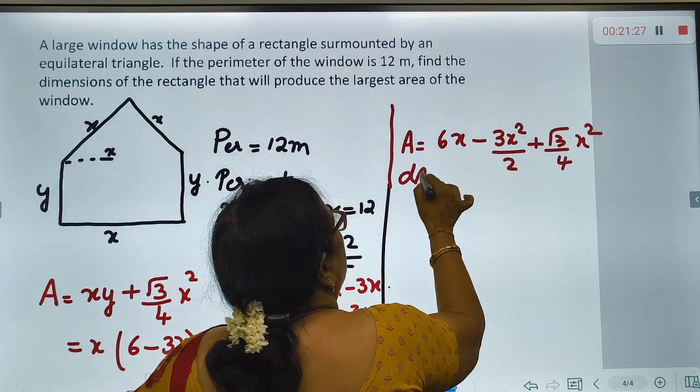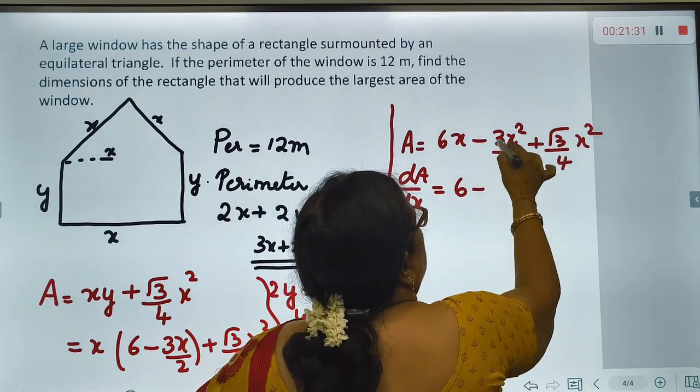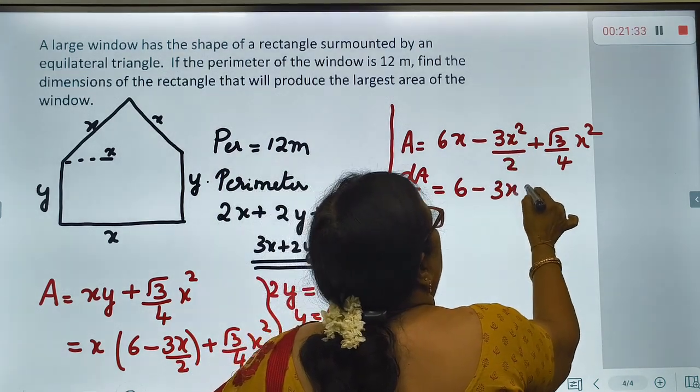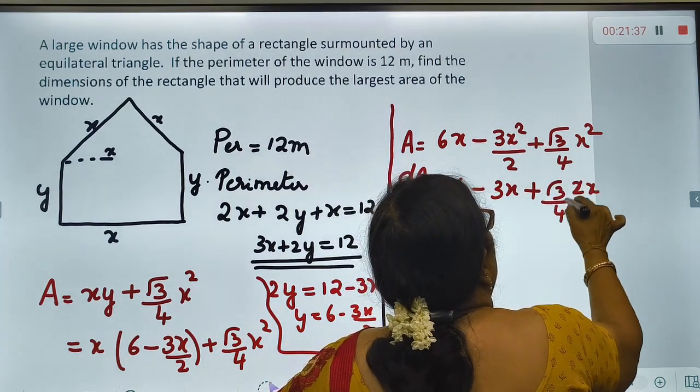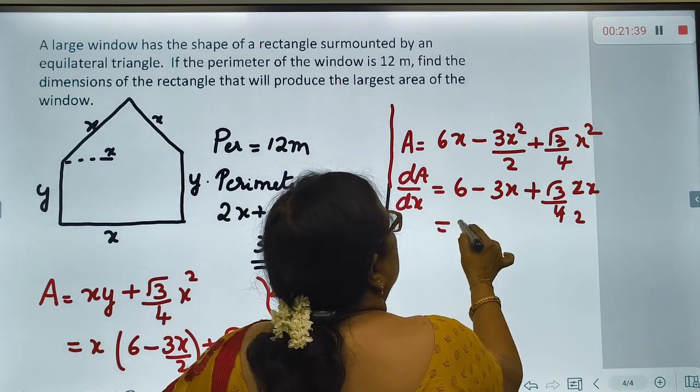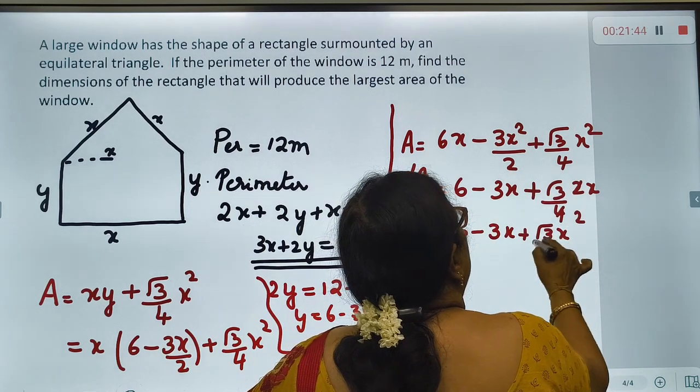So dA by dx will be 6 minus 6x by 2, which is 3x, plus root 3 by 4 into 2x, which is 2, which is 6 minus 3x plus root 3x by 2.